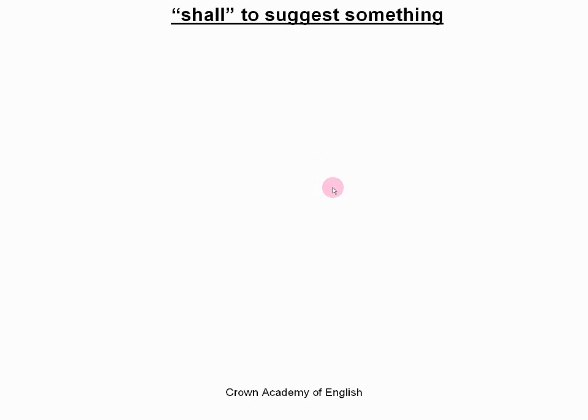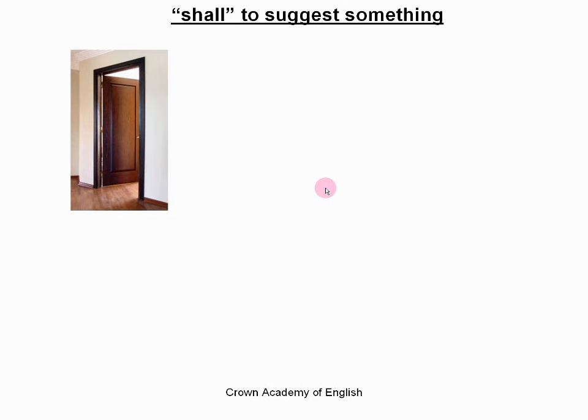And we can use the word shall to make a suggestion. This is only with the word shall. We cannot do this with the word will. So here we can see that there is a door which is open. And we can suggest to close the door by saying, shall I close the door?